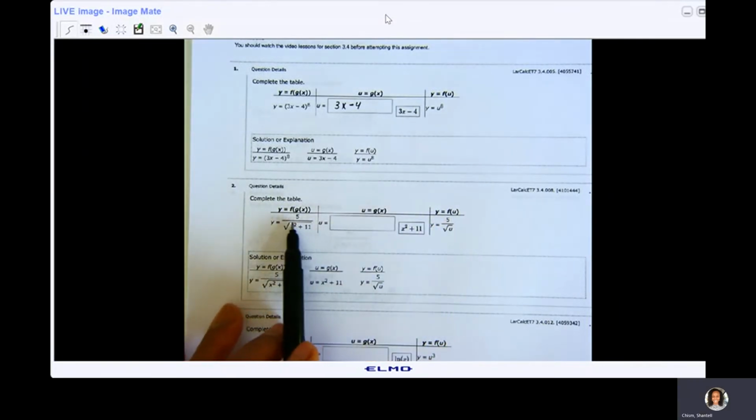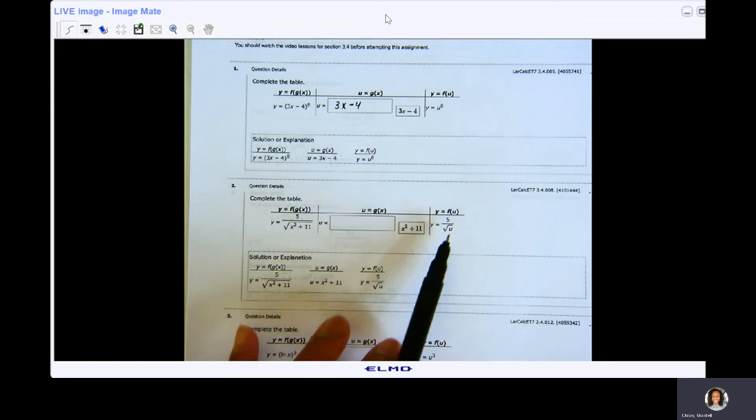So if you think about it, your composite is y equals 5 over the square root of x squared plus 11. So you've got this x squared plus 11 inside this radical. So let's say we call the outer function 5 over square root of u.